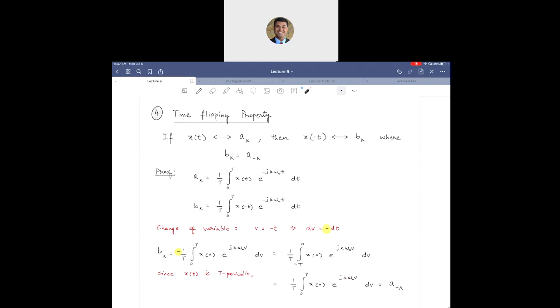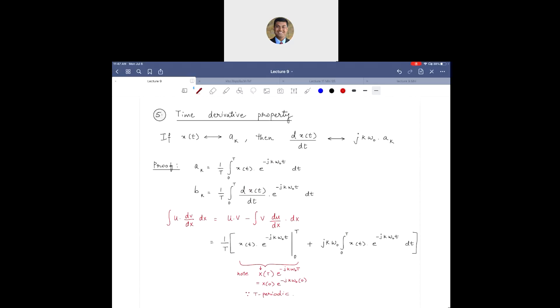That is simply a sub minus k, because the only difference over here is the addition of that minus sign, right? So that's just a sub minus k. That's how we prove that the Fourier series coefficients will be also flipped. So b1 will equal a minus 1, b negative 1 will be a1, and so on. You can apply all that.